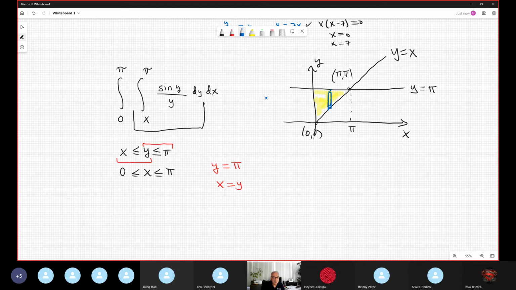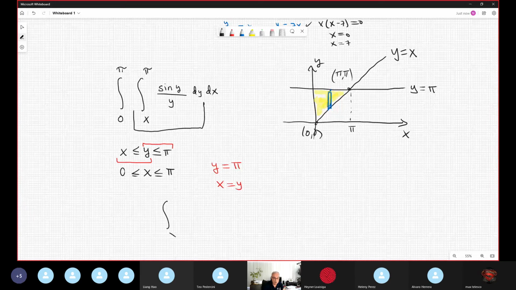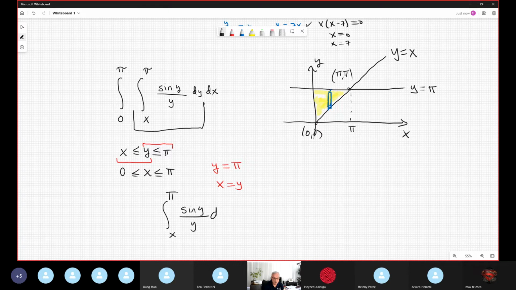How do you know? Because the y first. Okay? Okay, nice. Ready to compute that. No, what is the problem? Okay, when I try to do this integral, sine y divided by y has no antiderivative.